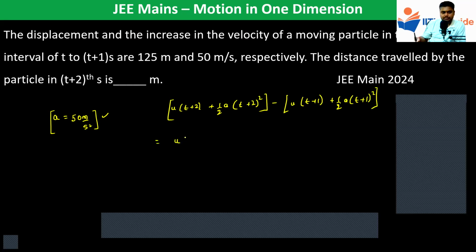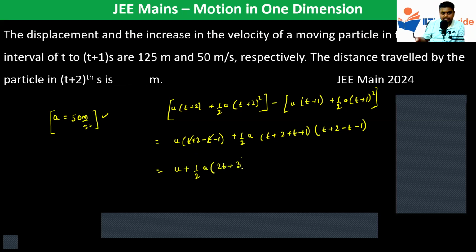This is equal to u into t plus 2 minus t minus 1, plus half into a into t plus 2 plus t plus 1 into t plus 2 minus t minus 1. So this is u plus half into a into 2t plus 3. That's it.